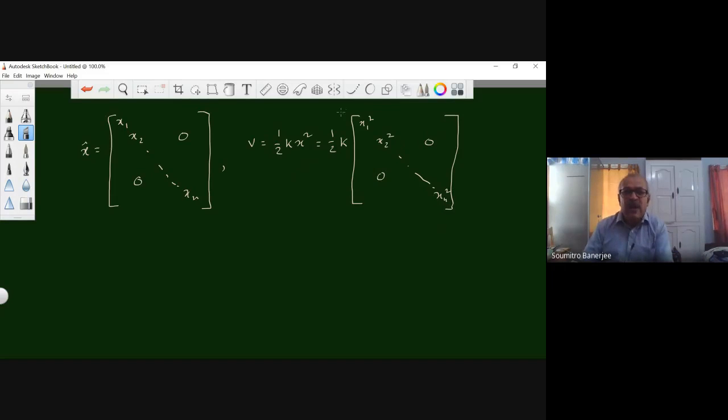So this is the way to write down the V function if your potential is a harmonic oscillator potential. But if it is some other potential function, you can easily see how we can write the function in terms of the x operator. Good.